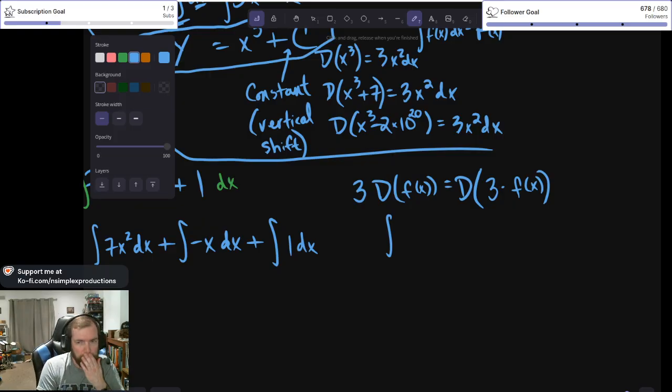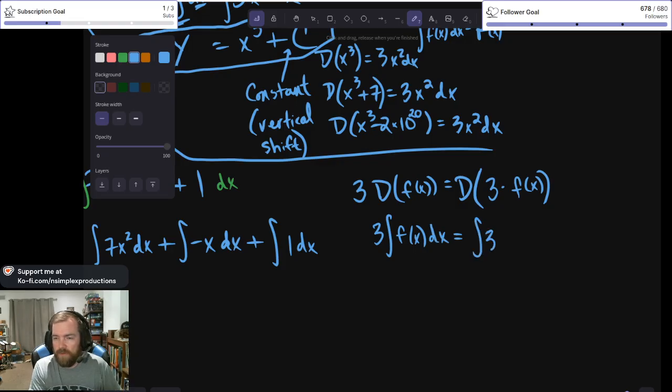You can also separate them by addition and subtraction, as long as you account for where those pluses and minuses are. So 3 on the outside and f of x dx on the inside is going to be the same as the integral of 3 times f of x dx, all on the inside.